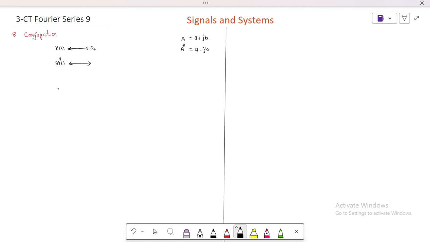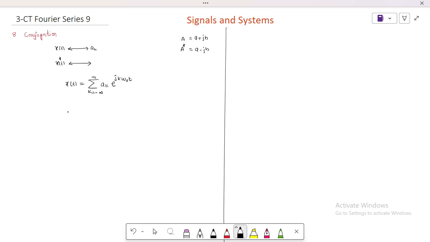For proving that, I take the Fourier series representation: x of t equals sigma a_k into e power j k omega naught t, k from minus infinity to plus infinity.